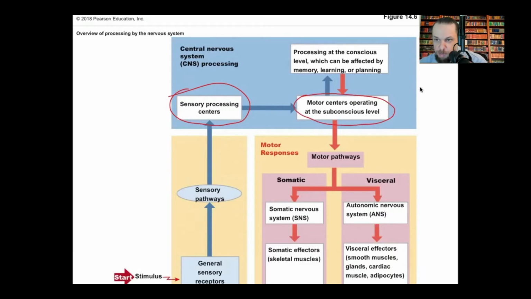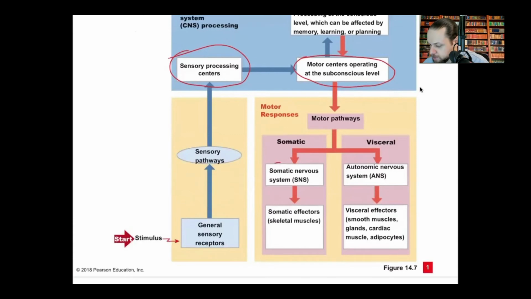If I want to pick up a pencil, squeeze my muscle, the motor pathway is stimulated, and you have the somatic system, so the somatic effector nerves actually perform said action. On the autonomic side, we just talked about the sympathetic system and the parasympathetic system. You want to be clear about the neurotransmitters, which are preganglionic, which are postganglionic, right?